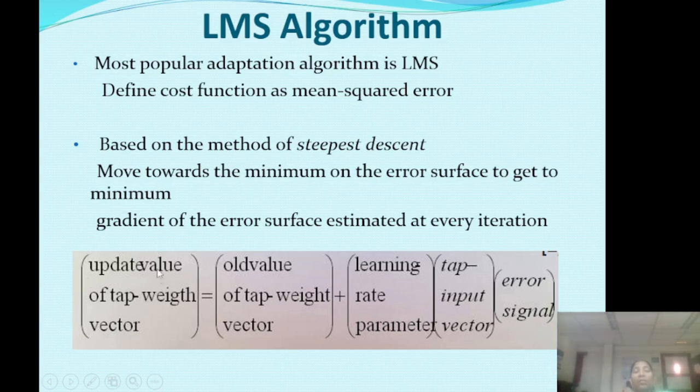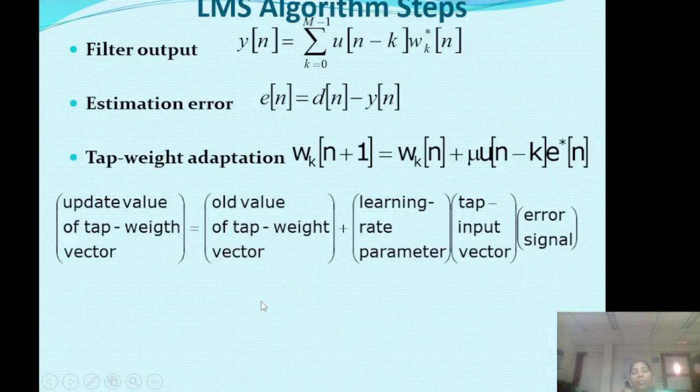So this is the formula for the least mean square algorithm. The updated weights equal the old weight vector plus the learning rate parameter times the input vector multiplied by the error signal. Each iteration, you calculate the new weights using this formula. In the LMS algorithm steps, first the filter output y of n is given by this equation.